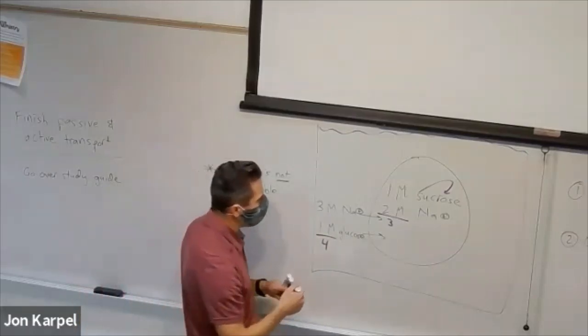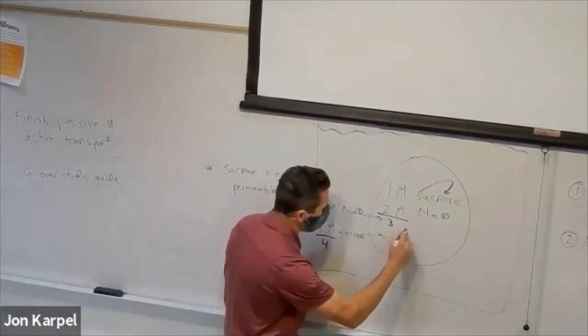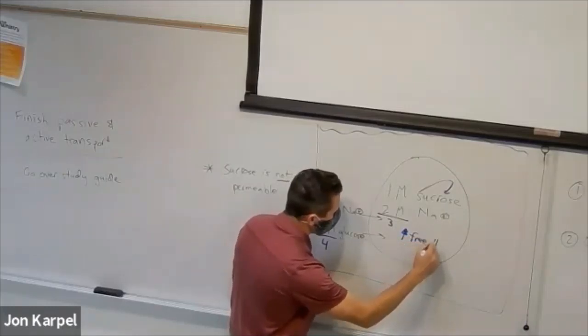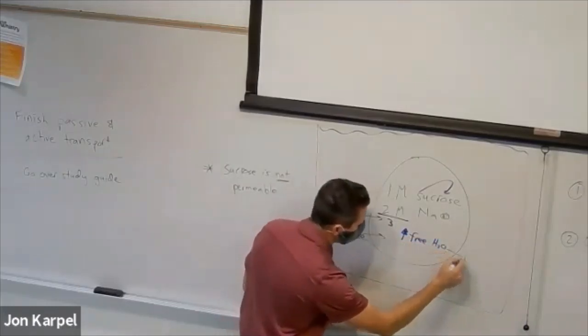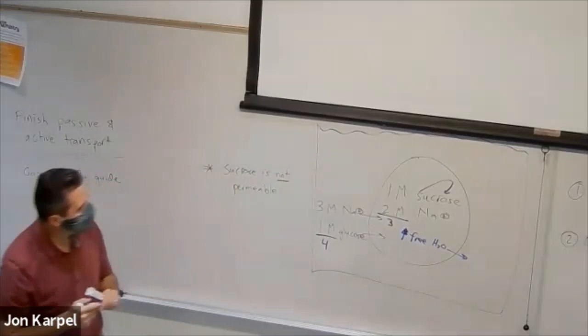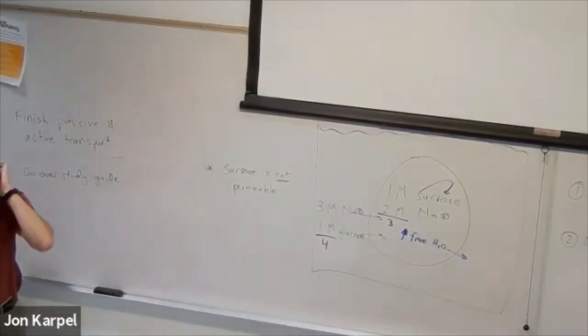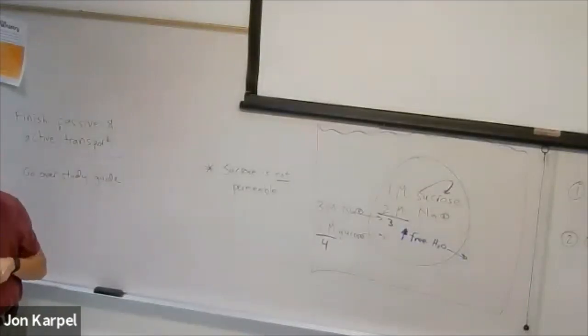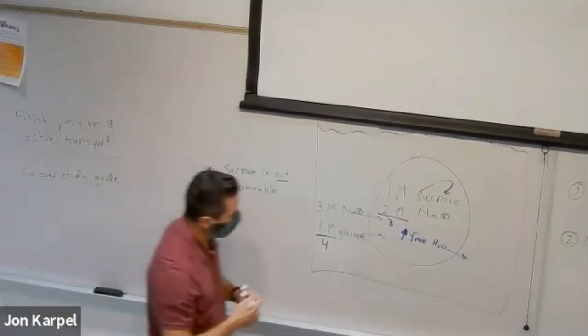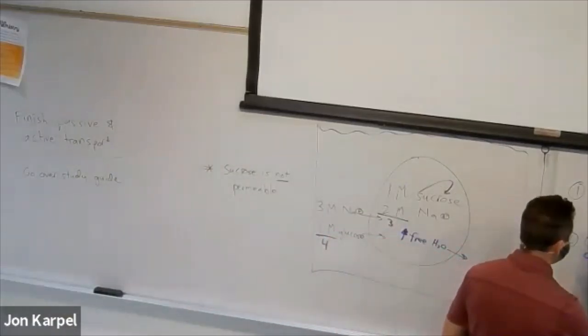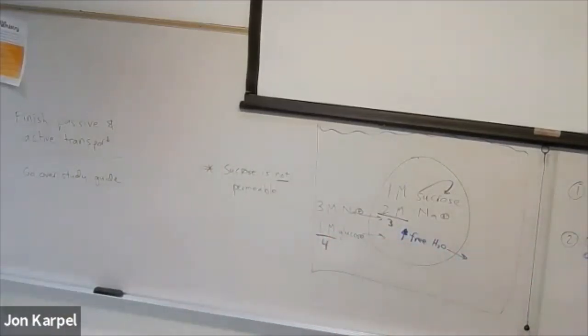So that means we have more free water on the inside here, comparatively. And so that means it's going to come out, and the cell's going to shrink, isn't it? At least initially. Everybody agree? So we get net osmosis out of the cell.